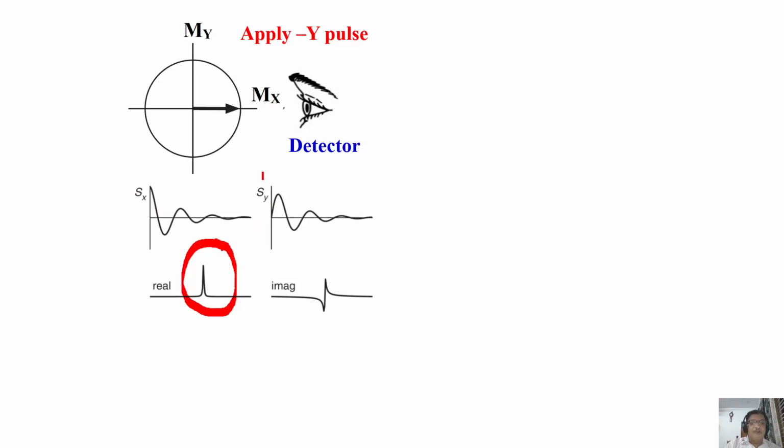On the other hand, because the magnetization can be resolved into two components, let us say the signal SX, the X component, or SY, the Y component. SX is a cosine component. It is called the real part of the spectrum, or absorptive peak. And SY is the imaginary part of the signal.